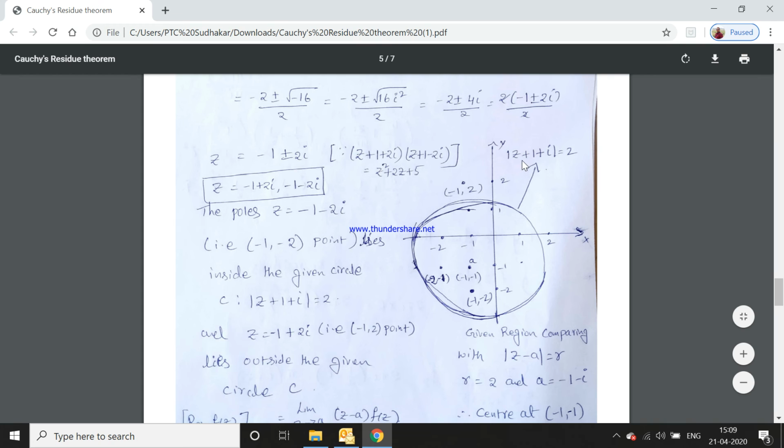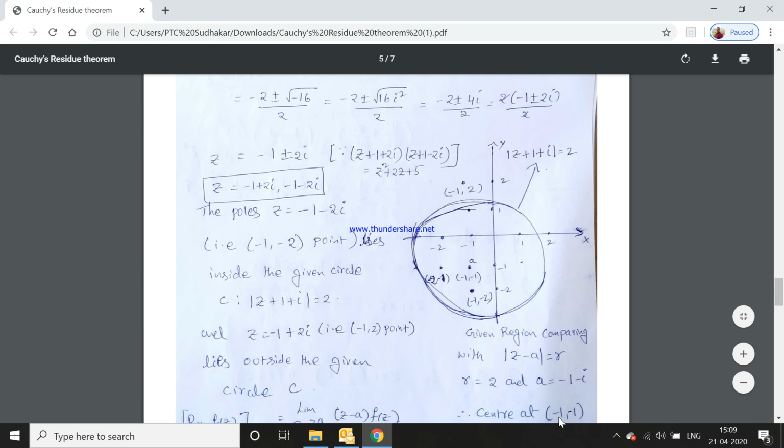Here the given region is modulus of z plus 1 plus i is equal to 2. Comparing the given region with mod z minus a is equal to r, the radius is 2 and a is equal to minus 1 minus i.